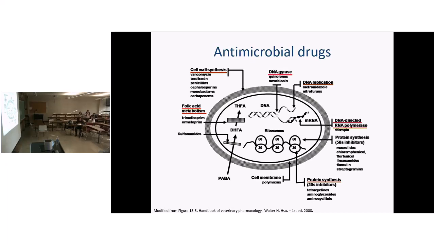Or if you have a drug that is even more toxic to the kidney, you can maybe kill the agent, but also kill your kidney in the process. So it doesn't necessarily go in the direction of curing the animal.